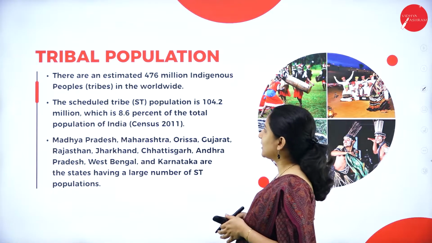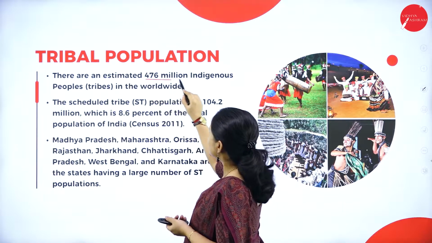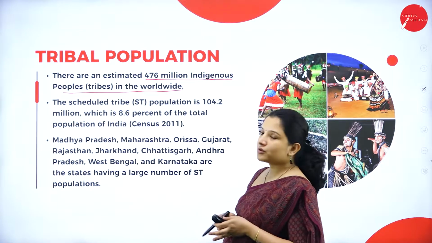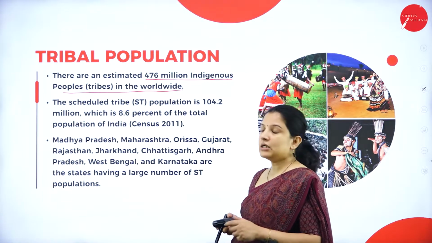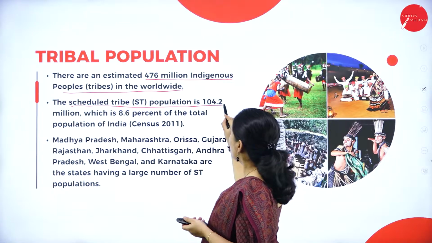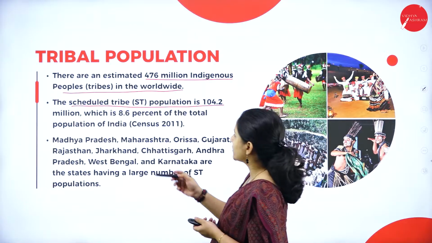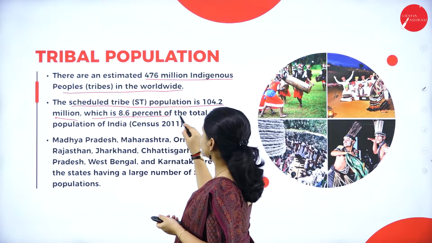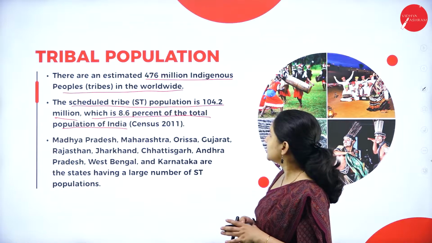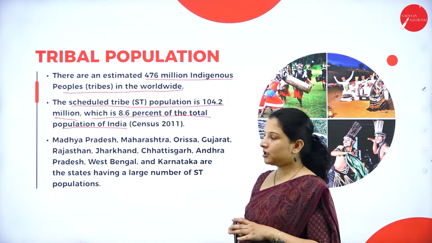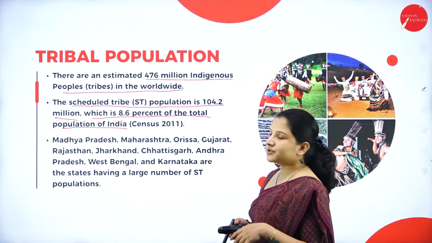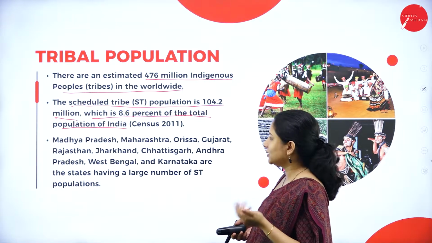It is estimated that there are about 476 million indigenous people or tribal people throughout the world, and the scheduled tribe population in India is 104.2 million, which is 8.6% of the total population of India. This was according to the census that was taken in 2011.